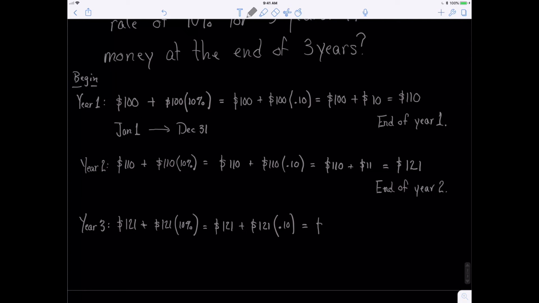So let's see, that is $121 plus 10% of 121, that's $12.10. So at the end of year 3, in your account, you have $133.10, and this is end of year 3.